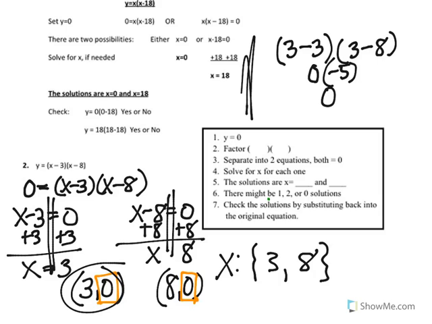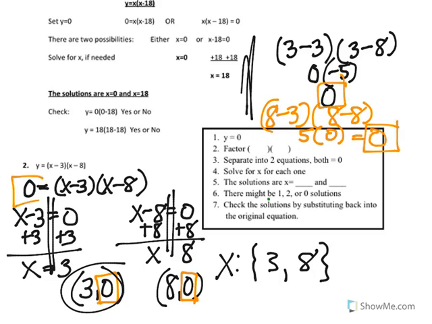And if we were to put 8 into our solution set, we would have 8 minus 3 times 8 minus 8. And 8 minus 3 is 5, 8 minus 8 is 0, and 5 times 0 is 0. So we always want to make sure it comes out to 0 because that's what y is supposed to be.